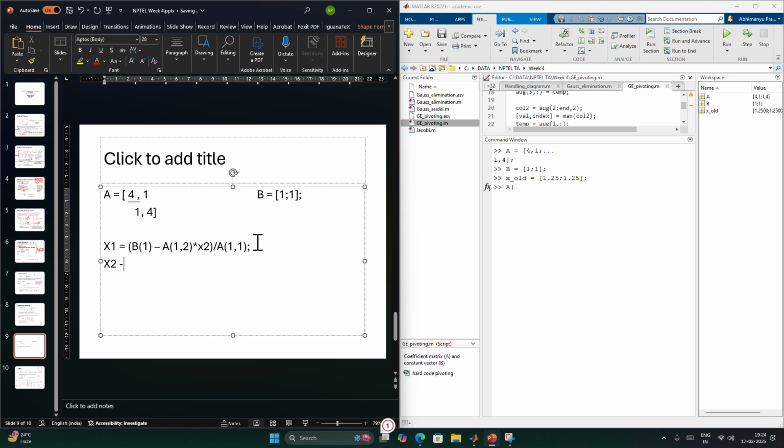Similarly, my x2 would be, so I will use the first equation to calculate x1 and the second equation to calculate x2. Fine. This would be b2 minus a 2 comma 1 x1, divided by a 2 comma 2.